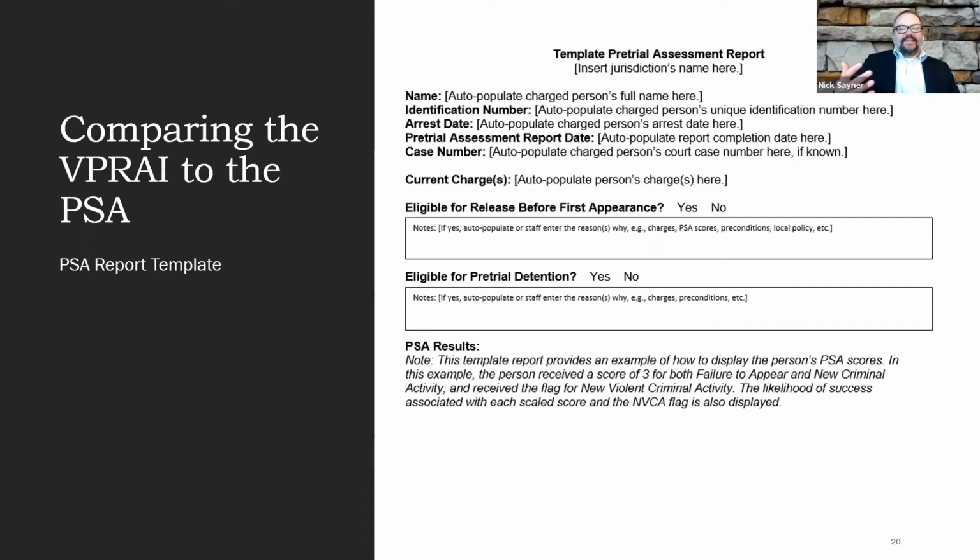So I think this is an interesting one, and I don't believe that there's a state exactly like Virginia with their system and their statutes. So I think that's a really interesting conversation to have as you're moving forward. Maybe this is a section that needs to be changed: instead of eligible for release, it would be, is this someone that has that rebuttable presumption?